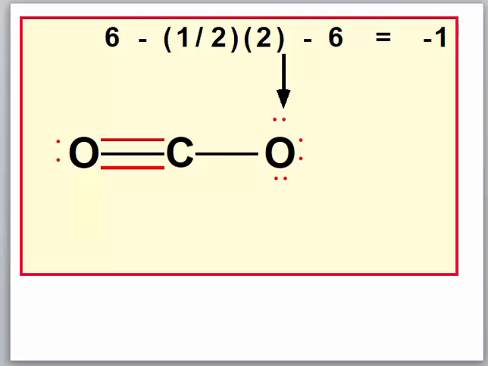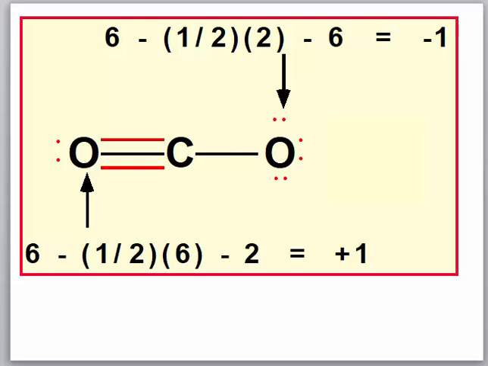Now, a -1 is not horrible for an electronegative element, but it's not as stable. If we go to the other oxygen, we're going to see 6 minus half of 6, or minus 3, minus 2, giving us a +1. Well, that's a very unfavorable charge on an electronegative element.